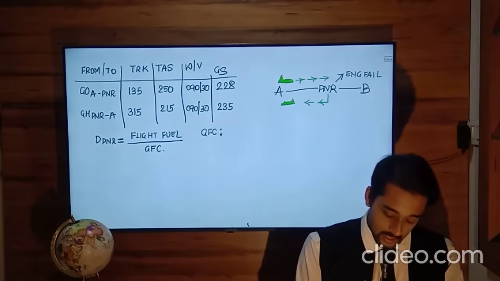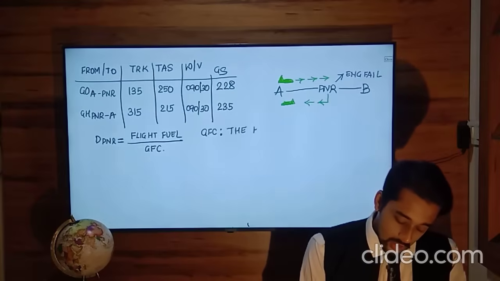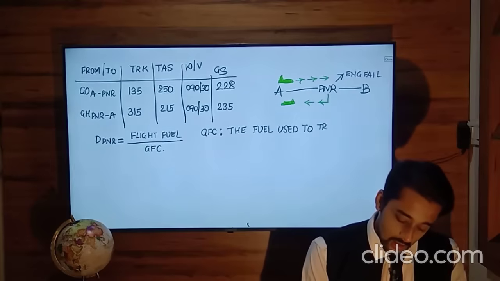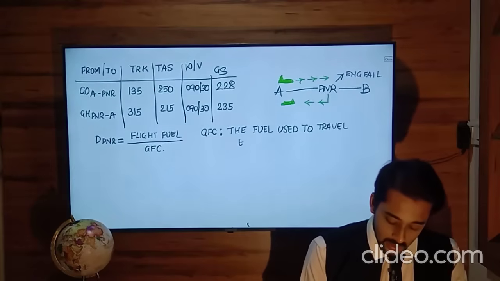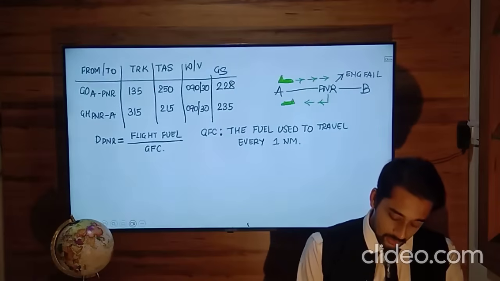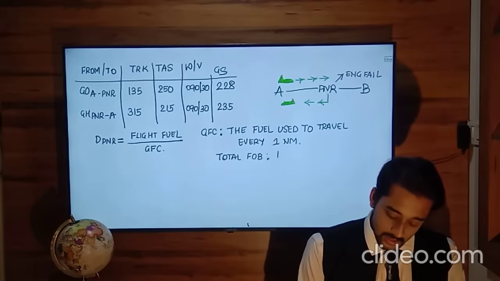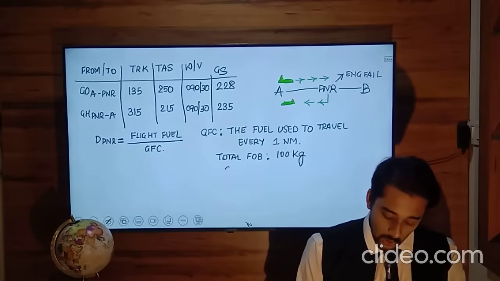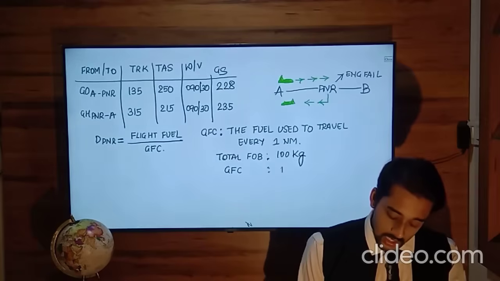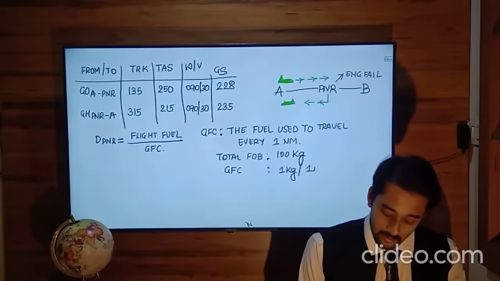Gross fuel consumption is the fuel used to travel every 1 nautical mile. Let's say the total fuel on board in your fuel tanks is 100 kg, and your gross fuel consumption is that you are using 1 kg of fuel every 1 nautical mile.